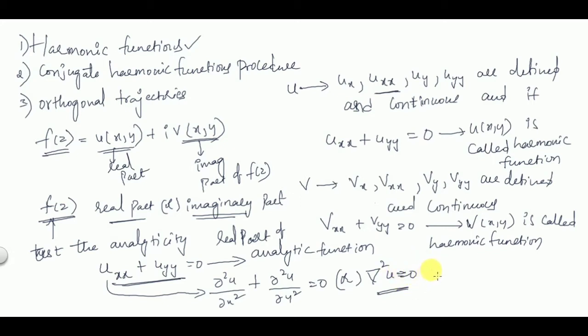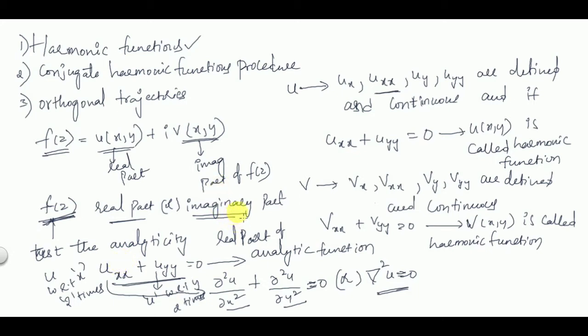Differentiate u with respect to x two times, and similarly differentiate u with respect to y two times. You will get del square u by del x square and del square u by del y square. Just add them. If that value is equal to 0, then the given function f of z is said to be analytic.